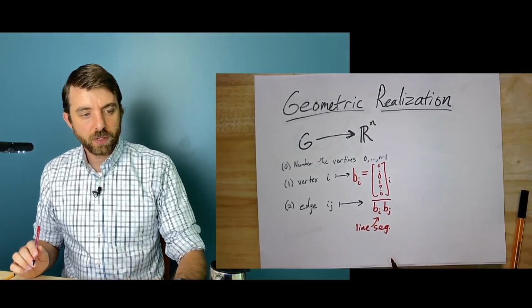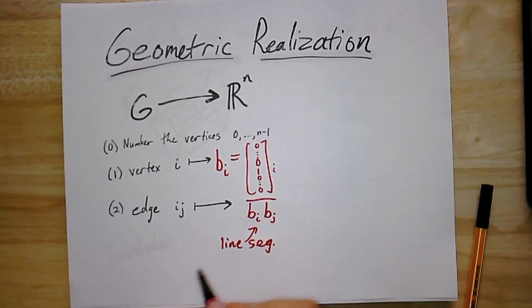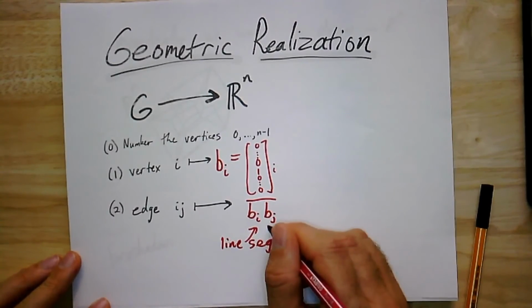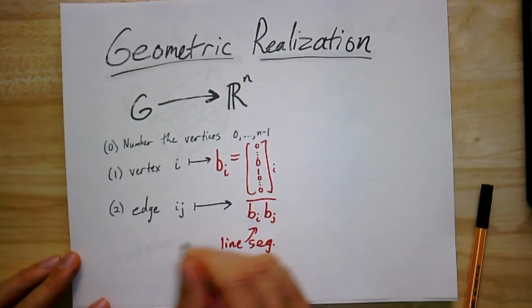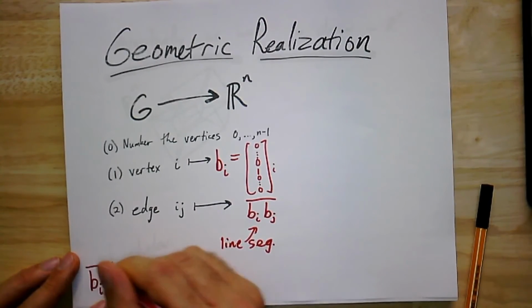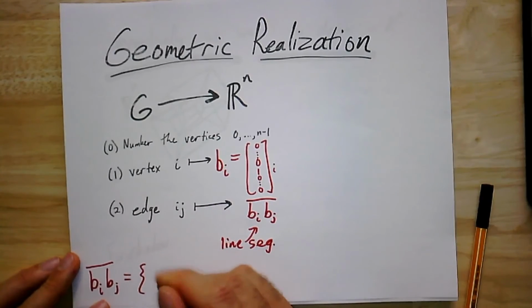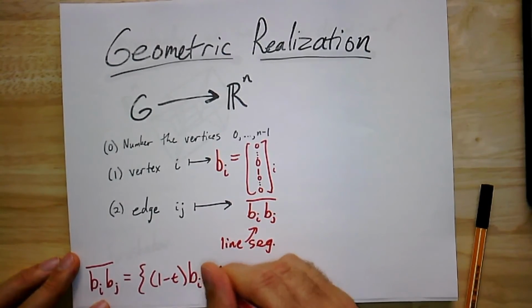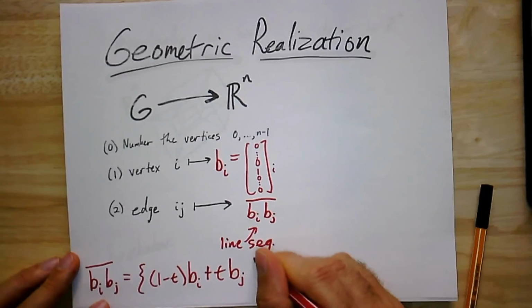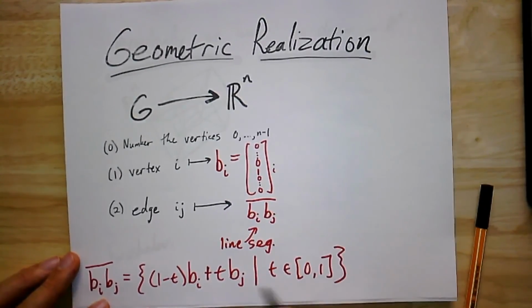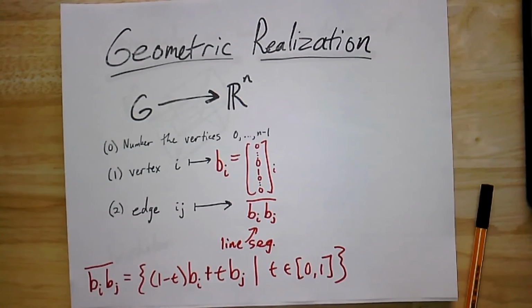If you recall, or I'll just say it in case we forgot, you should think of a line segment like this as the set of all points that you can get by writing it as (1 minus t) times b_i plus t times b_j, where t is in the interval from 0 to 1. This is me just parameterizing the line segment.